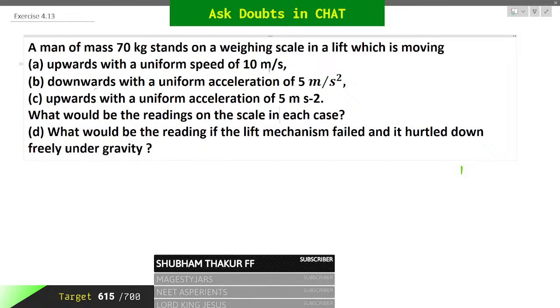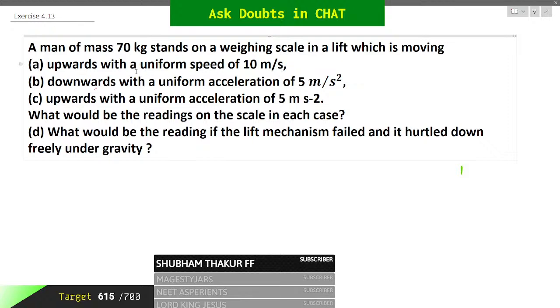Now in this question we have a man of mass 70 kg standing on a weighing scale in a lift which is moving upward with a uniform speed of 10 meters per second. We have to find out the reading of the weighing scale when the lift is going upward with a uniform speed. As we have discussed earlier, when the speed is uniform, except in circular motion, the net force is 0.